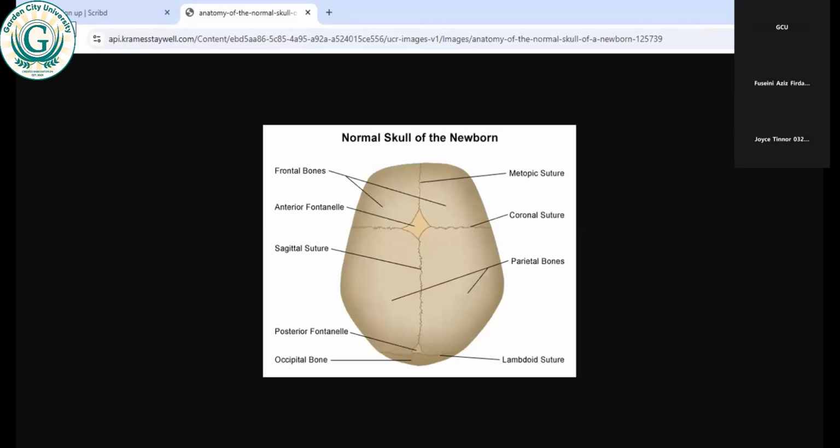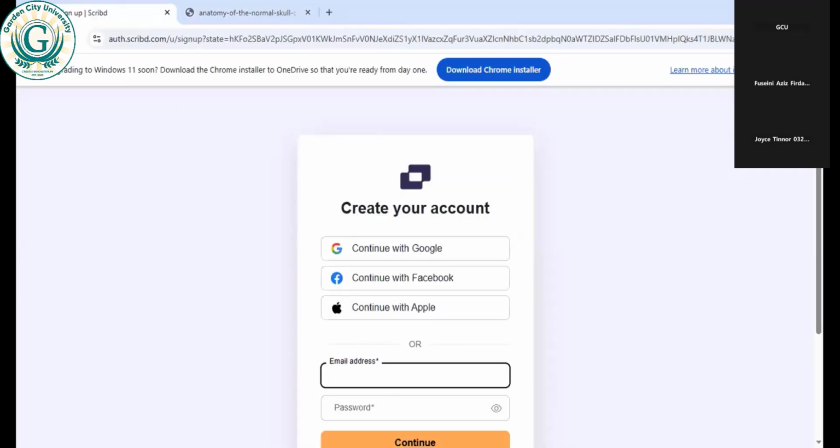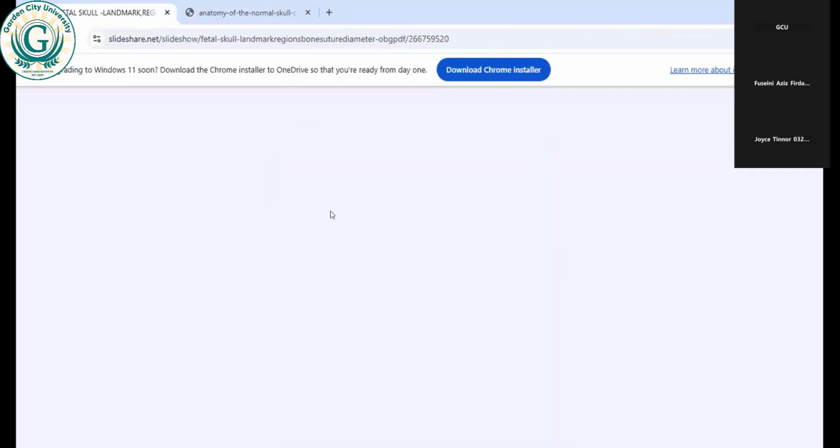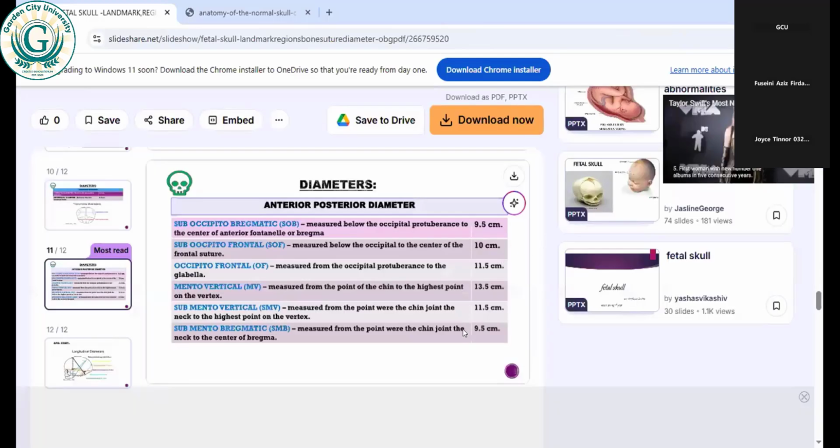It is measured from the point where the chin joins the neck to the highest point of the vertex. With the mentovertical, it's right on the chin, but with the submentovertical, you move downwards to where the chin joins the neck. That one measures 11.5.